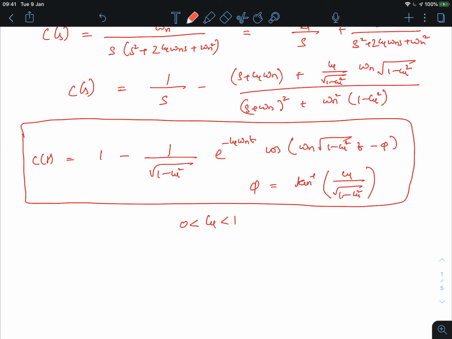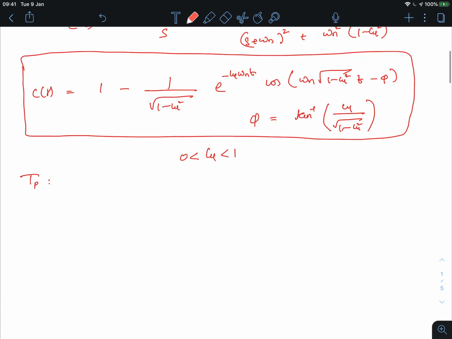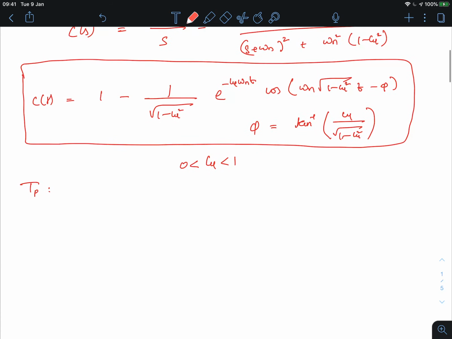So first we can see the peak time, which we have defined as Tp. Tp I can find by differentiating this expression and finding the first zero crossing after t equal to 0.